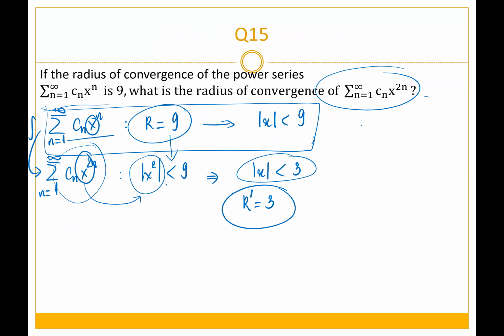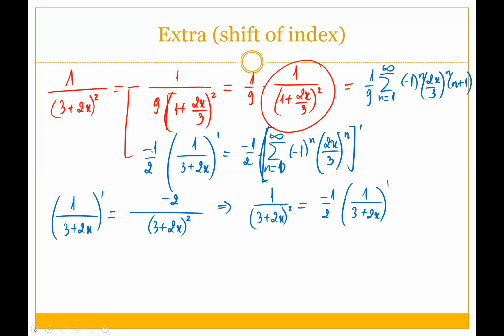Then you take the derivative of that, which is going to give you negative one half times the sum from n equal to 1 of negative 1 to the n, 2 to the n, 2x over 3 to the n. Why did I have that n plus 1 over there? It's kind of confusing how I get this. Okay, this is pretty confusing as well.